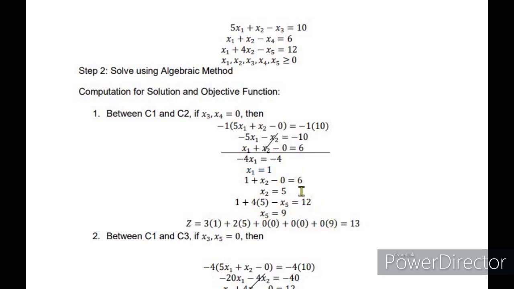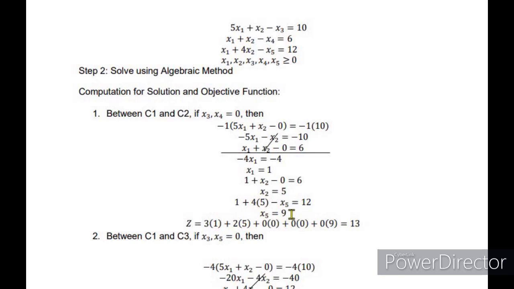Now substitute this value to any of the constraints between c sub 1 and c sub 2 to get the value of x sub 2. So here we use constraint 2. By substituting x sub 1, which is 1 here, we get the value of x sub 2 is equal to 5. Then just substitute these values to the third constraint. Okay?